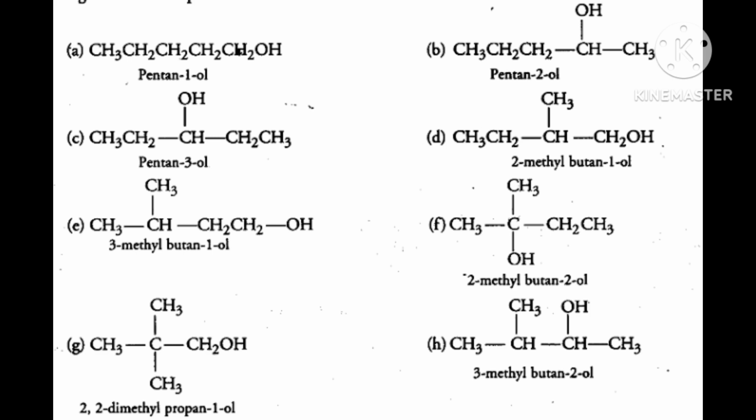In the last you write the full name, heptane. It is very easy. Only the alphabetical priority order you have to follow. Now this question I have discussed. Now one more question is there.